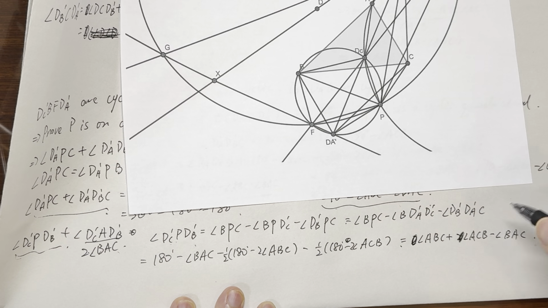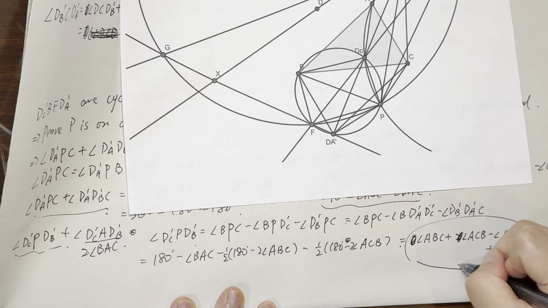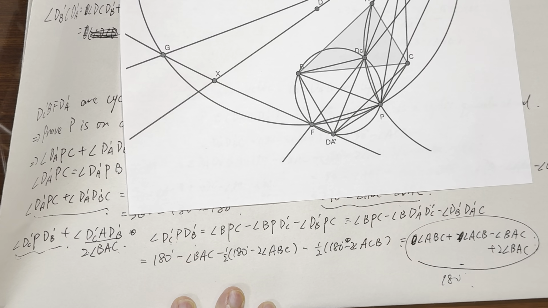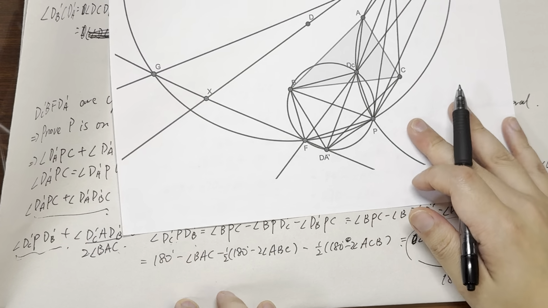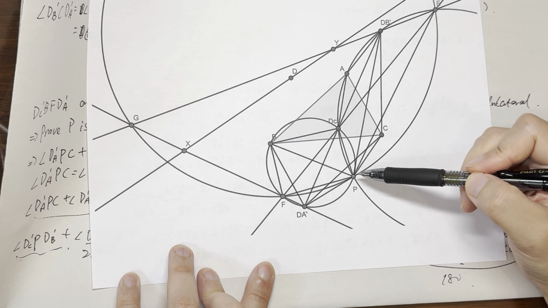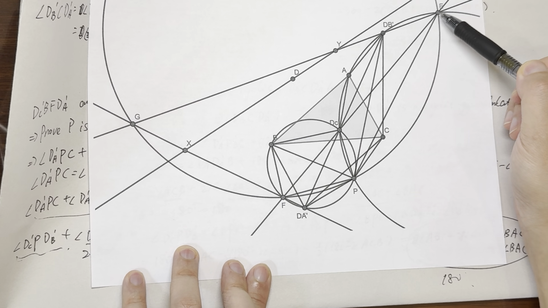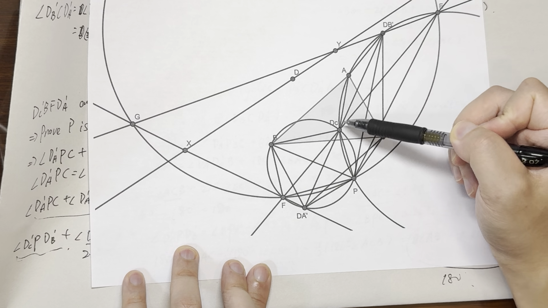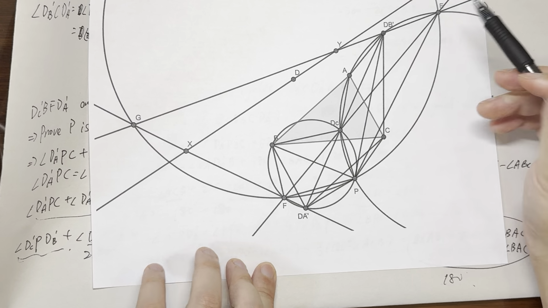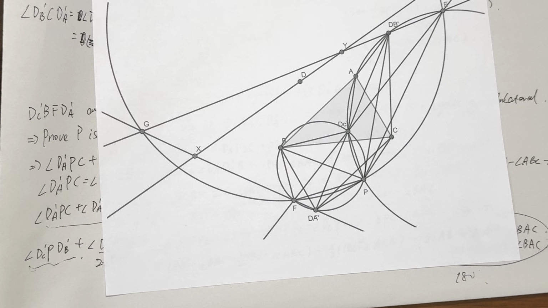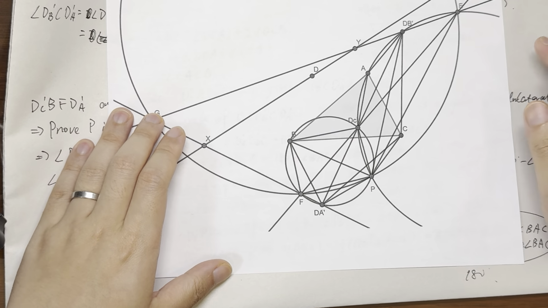So we add it here, plus twice angle BAC. The total would be 180 degrees, right? Which means P is also on the circumcircle of the quadrilateral EDB'ADC'.